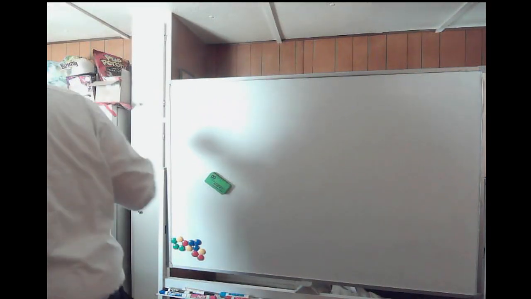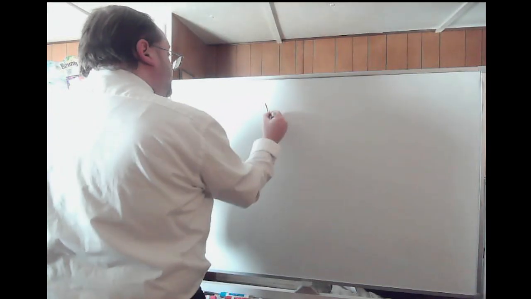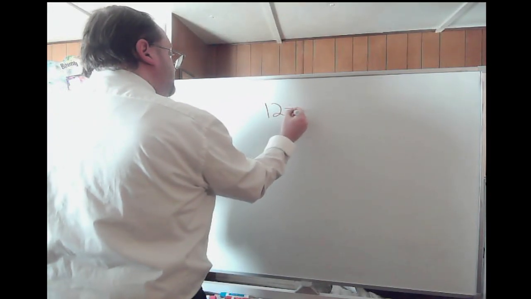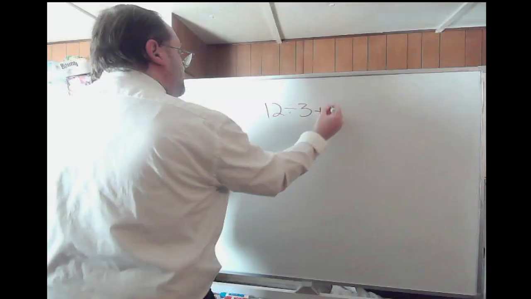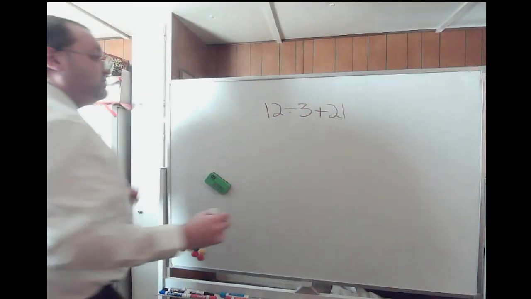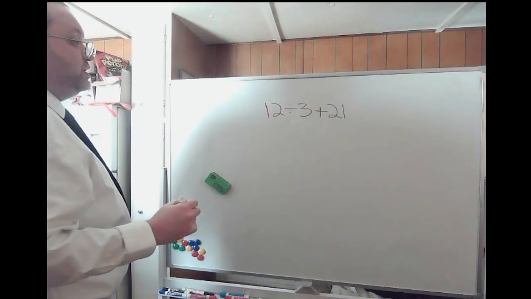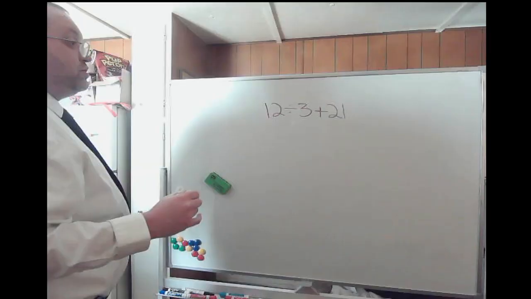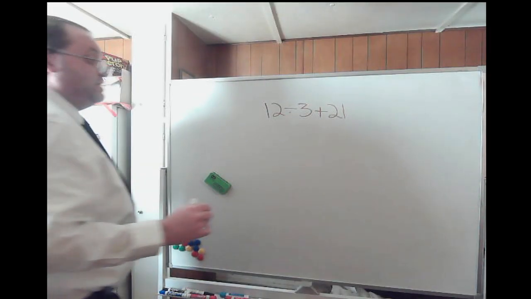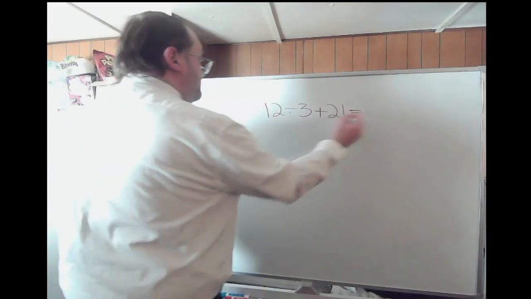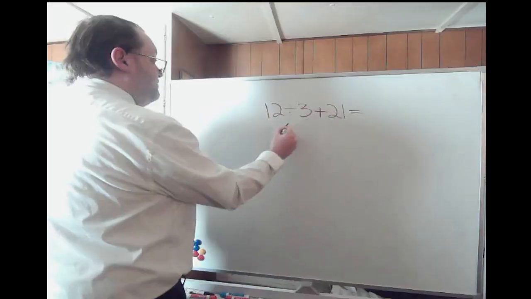And then we have 12 divided by 3 plus 21. According to the order of operations, you're going to do the division first. So 12 divided by 3 is 4.